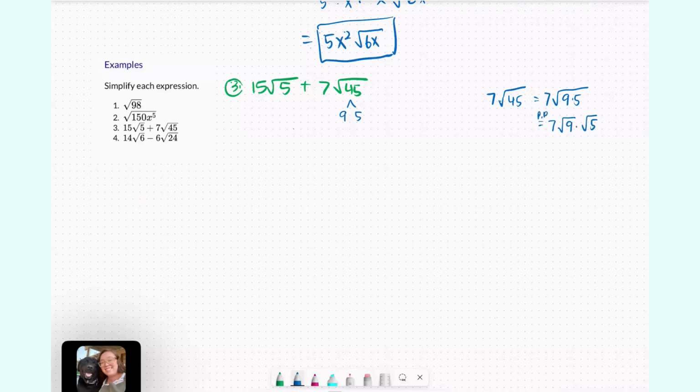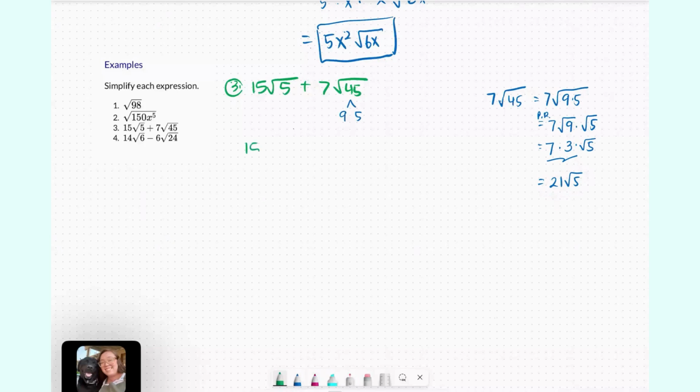That's my product rule that we're working on here. Now this square root 9 gives me a 3 root 5, and I multiply the 7 and 3 together to give me 21 square root 5. Now that is going to replace this.